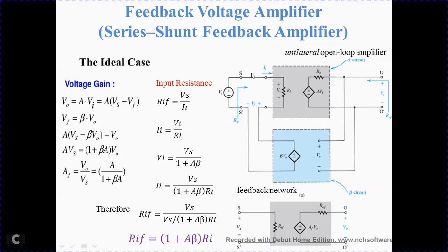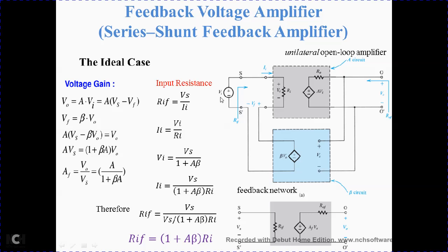So how do we find the input resistance of the voltage amplifier? We are finding the input resistance with feedback. Without feedback it is simply Ri, and the output resistance is simply R naught, but we are finding them with feedback. So RIF, where R is equal to V by I. In this case V is Vs, and I is Ii, the current flowing into the amplifier.